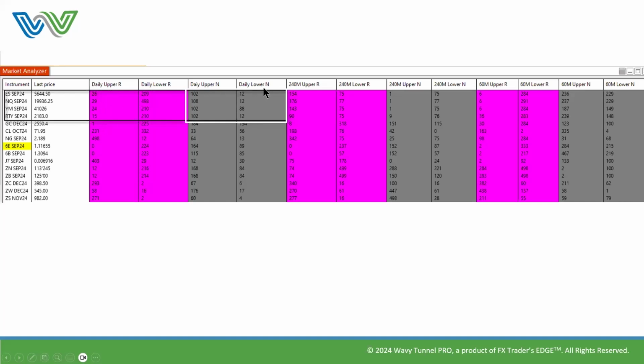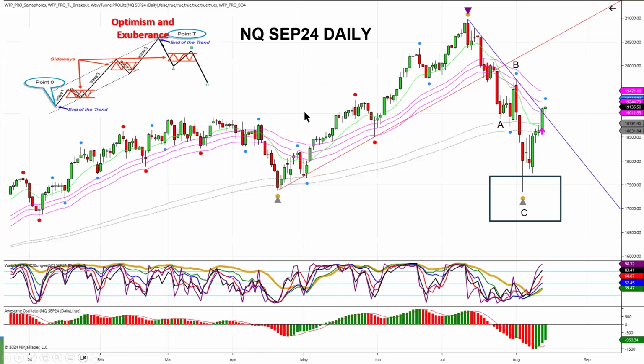We also take a look at the daily lower gray, okay? 12s for all of them except for the YM. And let me show you what that means. This is our setup. So first we have the purple, and this is our little market map with optimism and exuberance at the top with the purple arrow. And then we have the ABC, and we have our gray arrow down here.